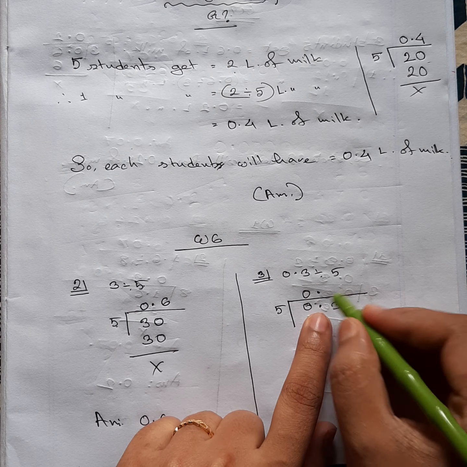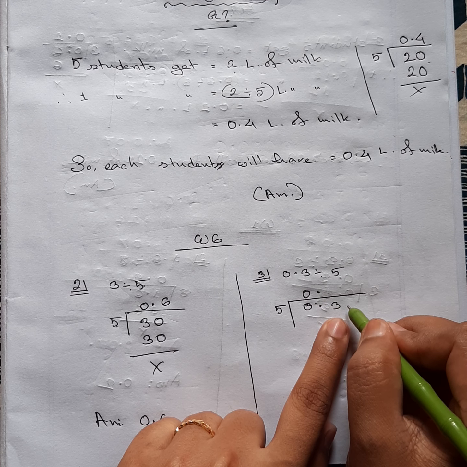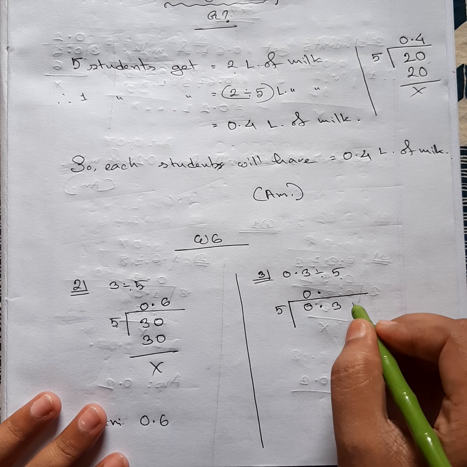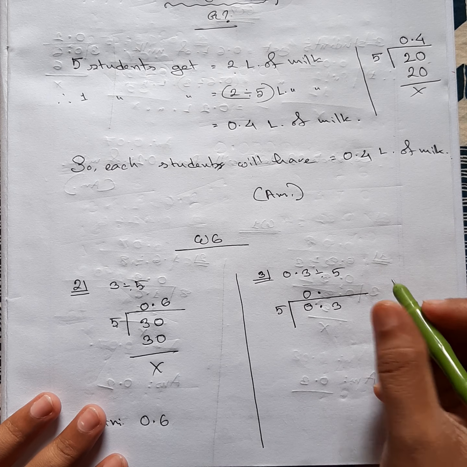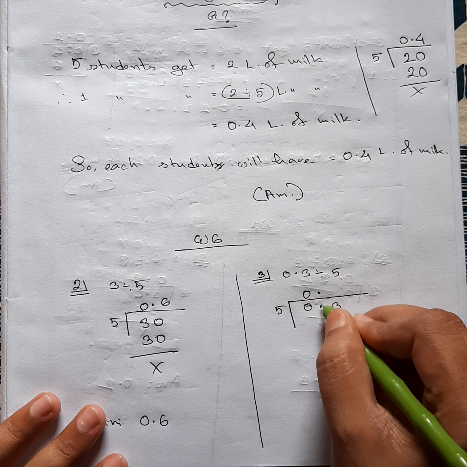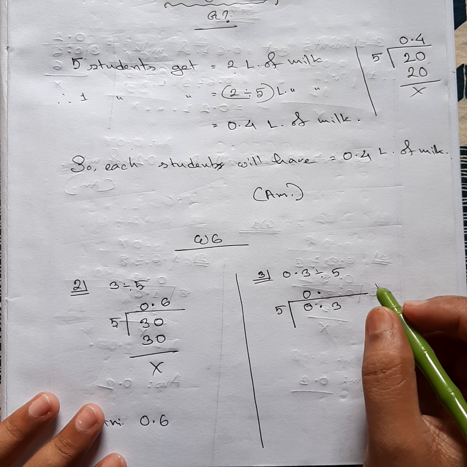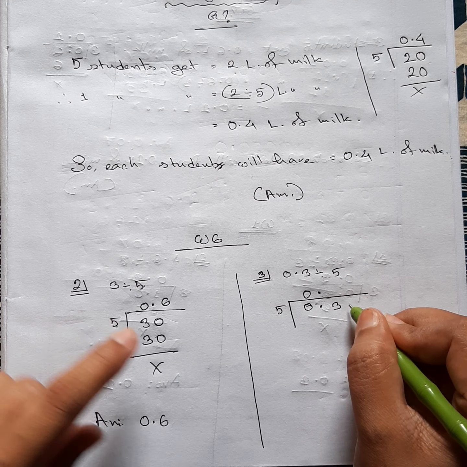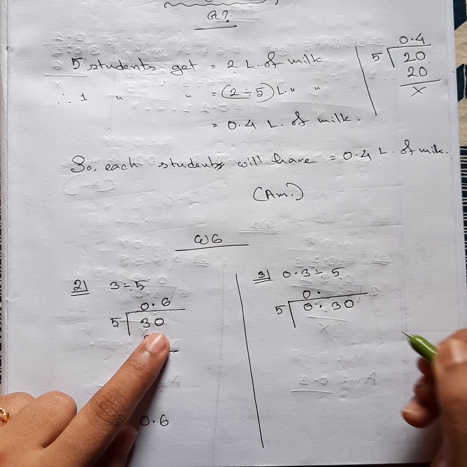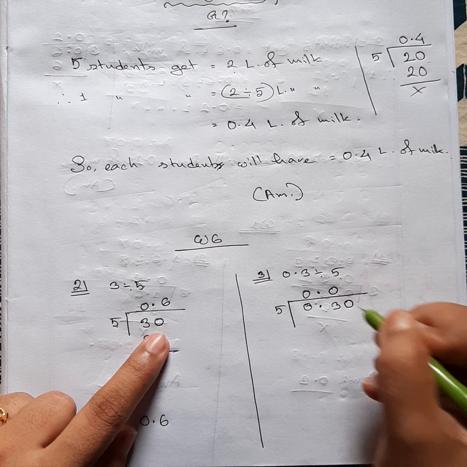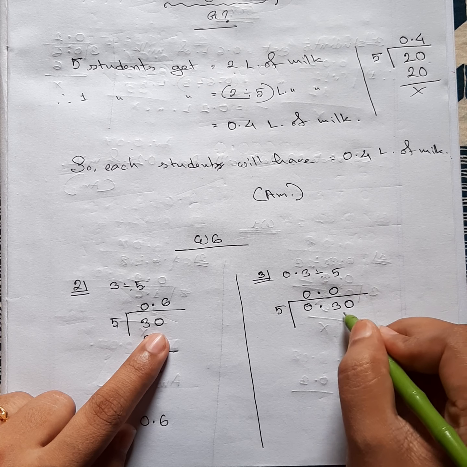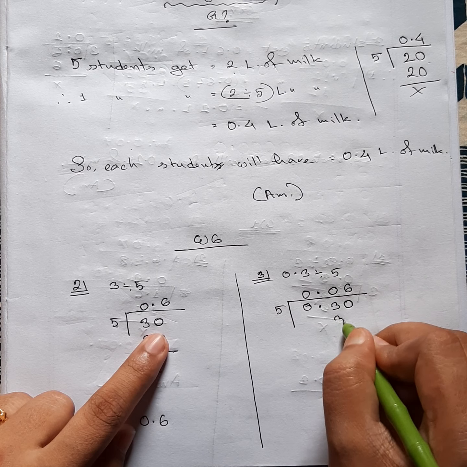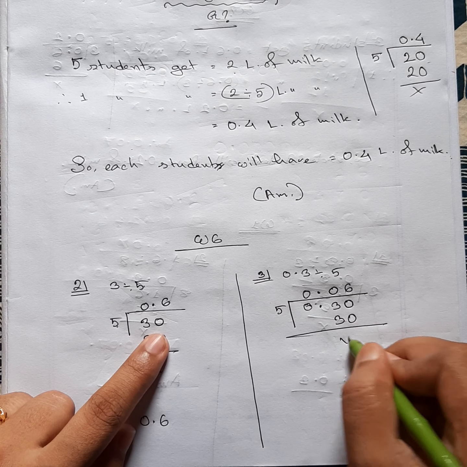But in that stage you cannot use that decimal, because this is the baby decimal. To give 1 zero over here, we need to give 1 zero over there, and now the number becomes 30, and we can divide 30 by 5 for 6 times.